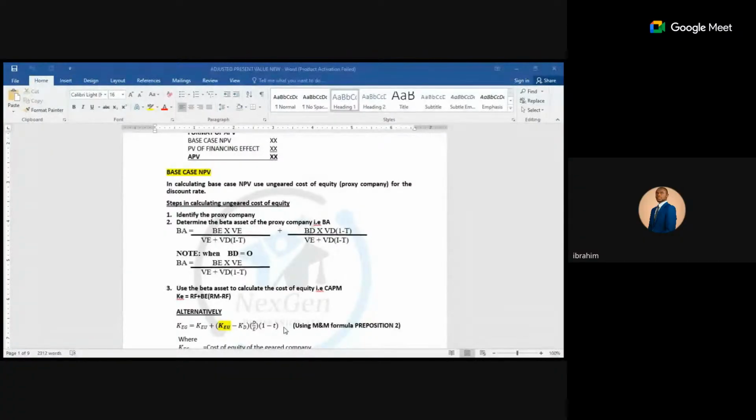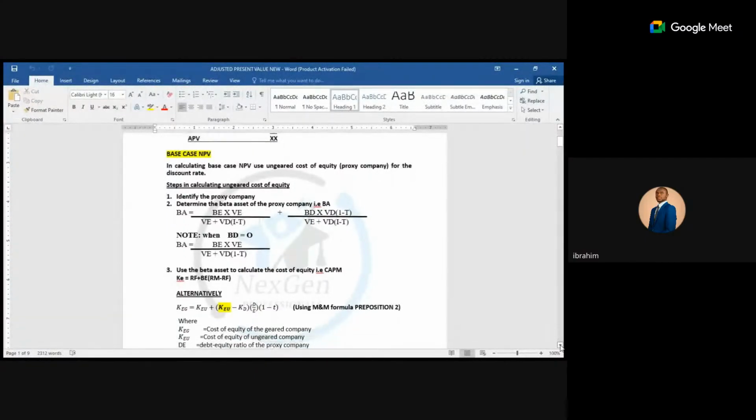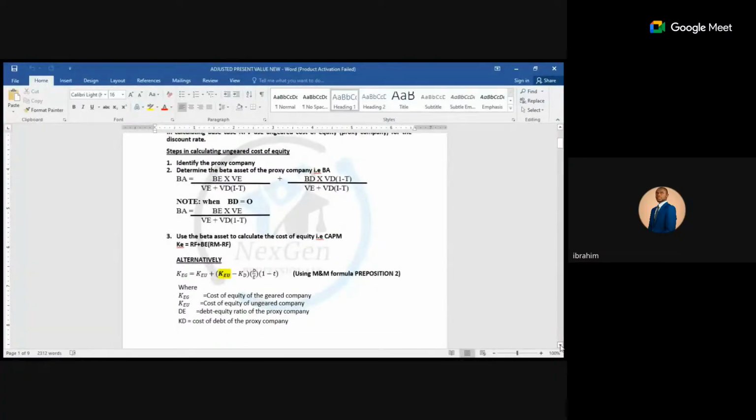Having explained this, then you can now use the Modigliani and Miller assumption, proposition 2, where it is also assumed that the project will be financed by equity.